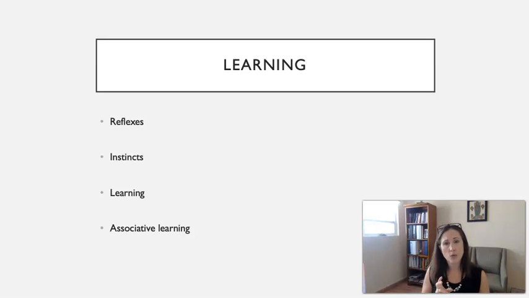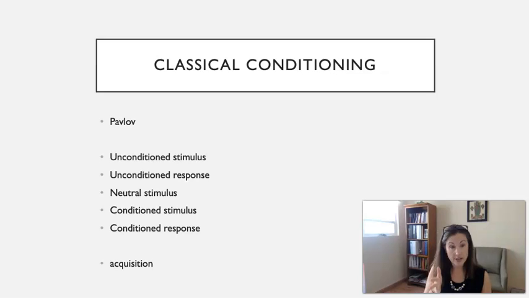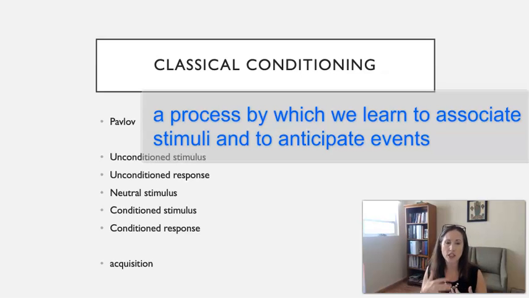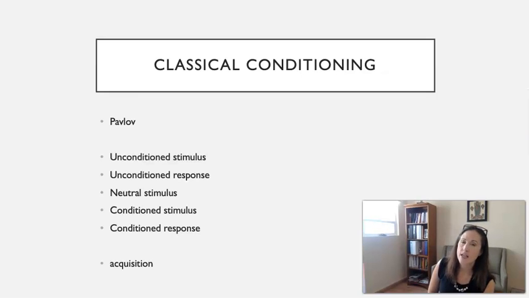And first, we're going to talk about classical conditioning. Classical conditioning, the definition for that is a process by which we learn to associate stimuli and consequently to anticipate events. Classical conditioning was created by Ivan Pavlov.